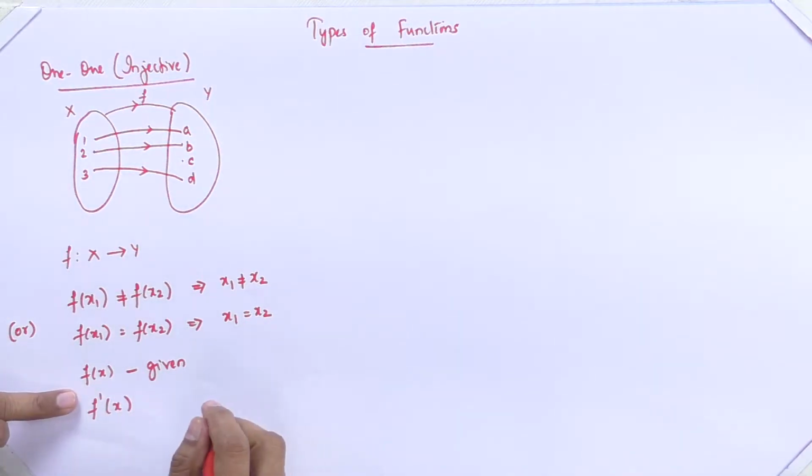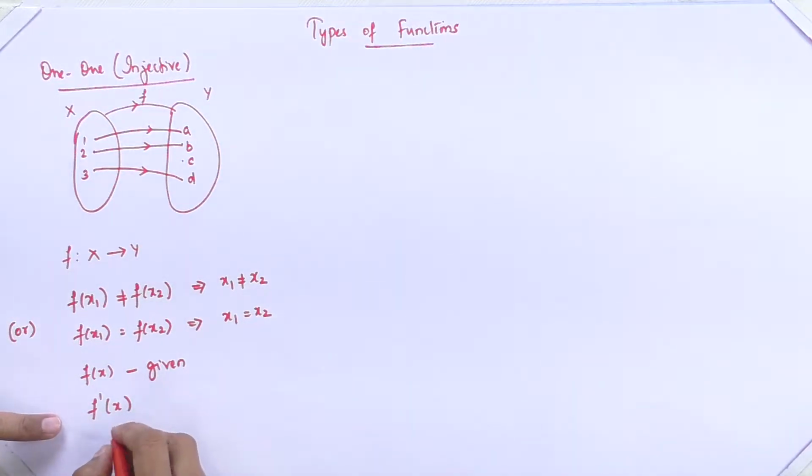If f dash of x exists for a given interval or for a given set, and if it is greater than 0 or less than 0, then the function f is said to be one-to-one. This is also another way of defining a function to be one-to-one. Suppose a function is given and you are finding out, this is the very easiest way one can do it when you go for the higher competitive examinations.